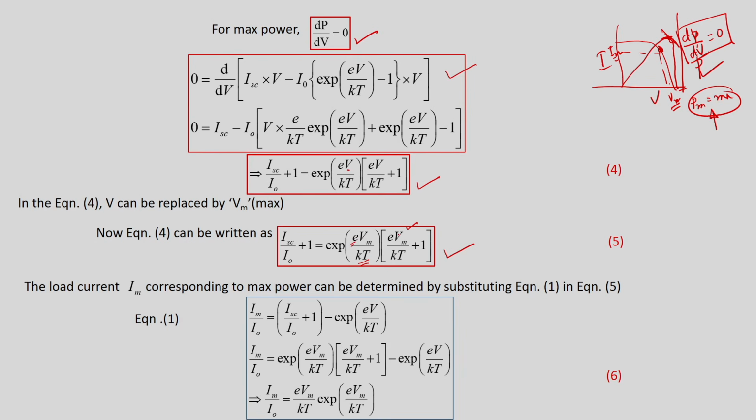The load current Im corresponding to maximum power can be determined by substituting equation 1 in equation 5, and simplifying, we have this expression.